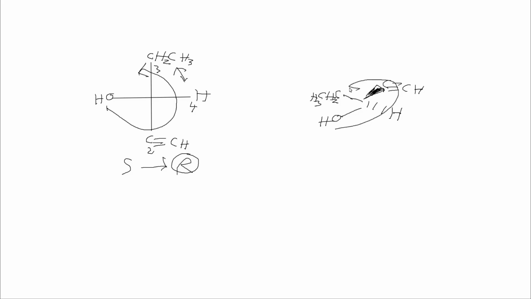So right here, we're going counterclockwise. That makes it an S, and it needs to be an R. Since the hydrogen is here, you don't switch anything. But all we have to do now is switch any 2 substituents, and we'll get the right configuration.